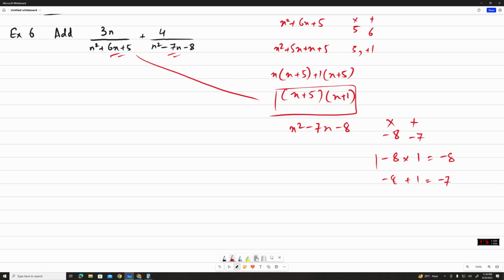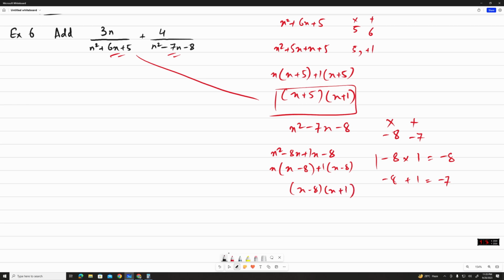So we're going to solve for that. X squared minus 8x plus 1x minus 8. X we take common, x minus 8, plus 1 we take common, x minus 8. Yeah, x minus 8 and x plus 1.